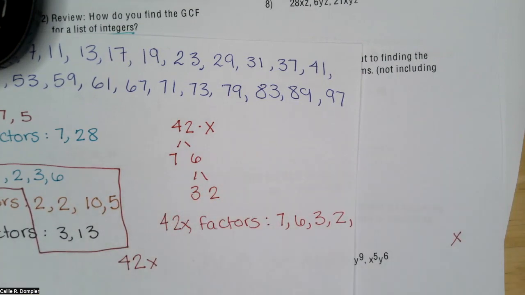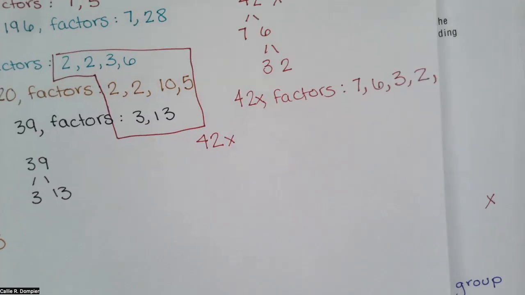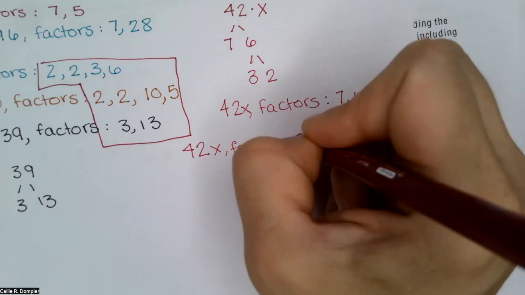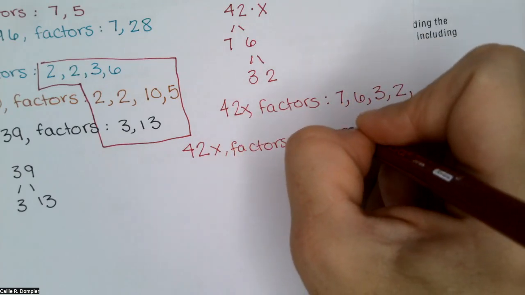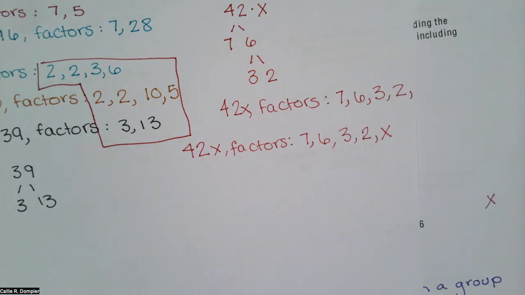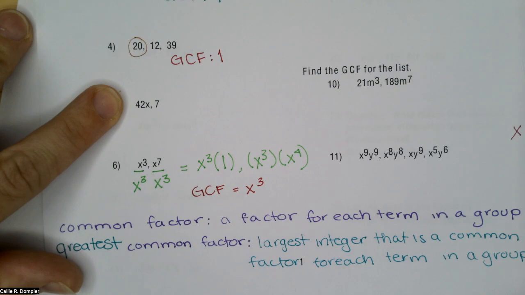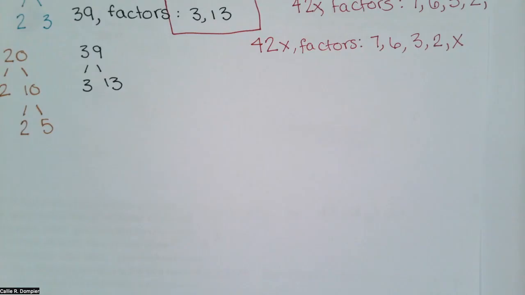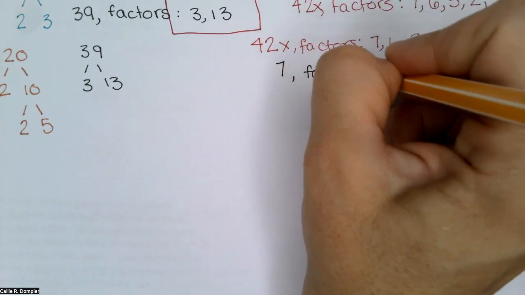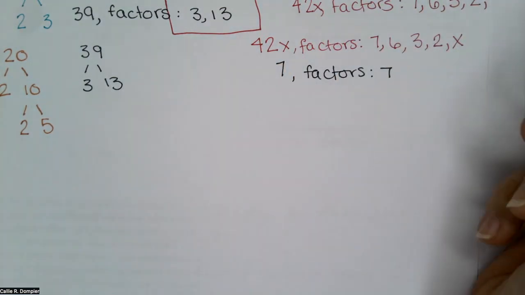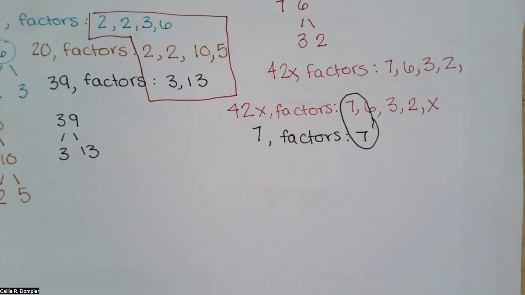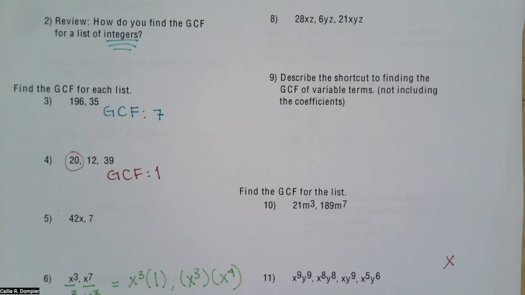For 42x the factors are 7, 6, 3, 2, and x. All right, and what was our other term? 7. Oh, well, we should have started with 7 because there's only 7 and 1, right? So our greatest common factor of 42x and 7 is 7 because I can divide them both by 7.